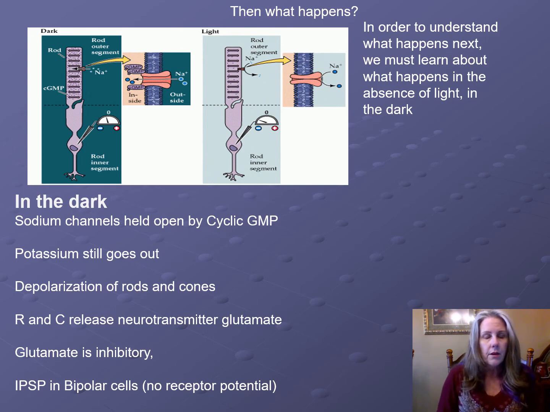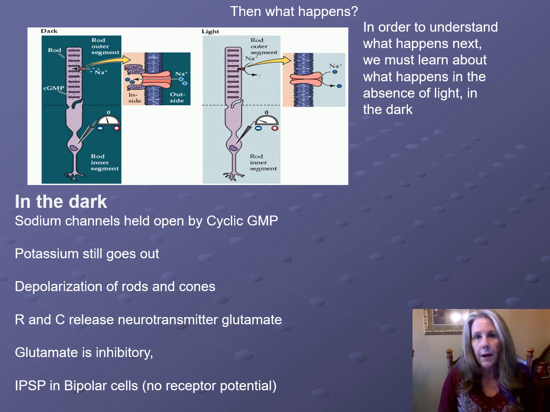So you might think, well, wait a minute, you just told me this is the absence of light, and we're in the dark. Why would the plasma membrane be depolarizing? If the stimulus isn't there, why would it be depolarizing? I didn't mess this part up.